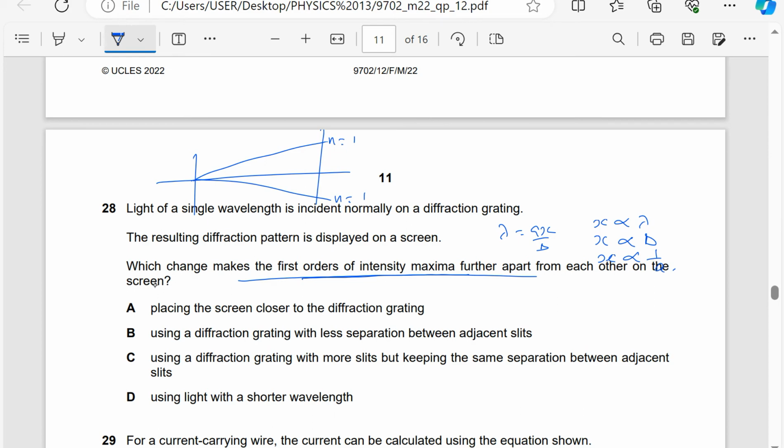Sorry, this is not a diffraction grating. This is double slit.